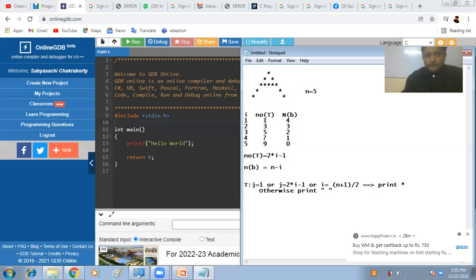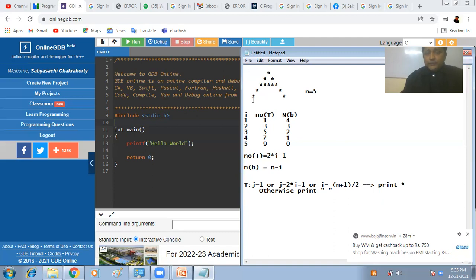How to represent this in a program? First of all, we have the I loop, a for loop or while loop or do loop, any pattern of loop we can use, having I as a counter that represents the rows, and J counter represents the columns for blanks and the columns for the pyramid.